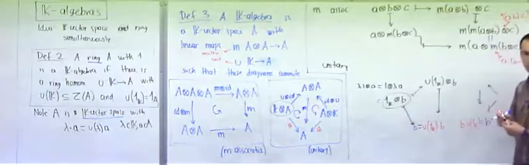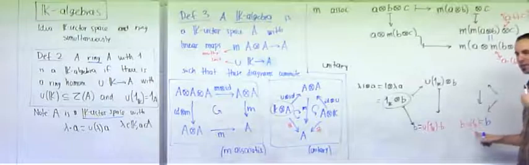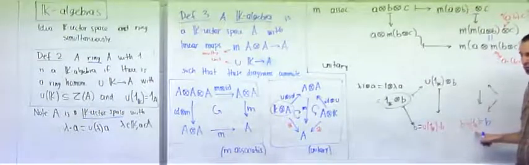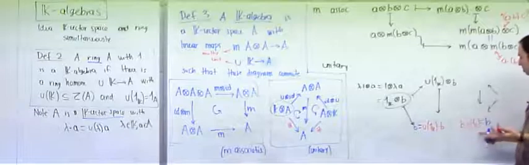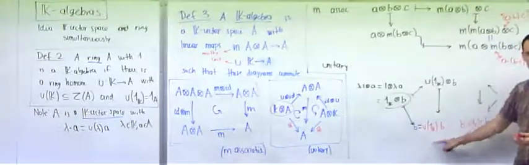And so really what I'm saying is that U of 1k is a multiplicative identity on the left and on the right.